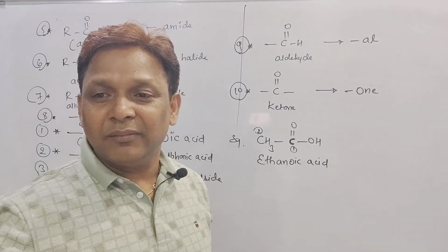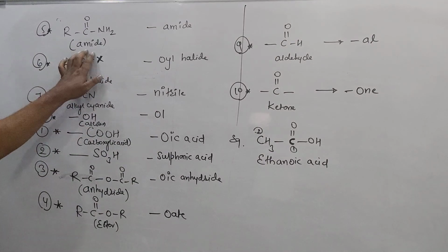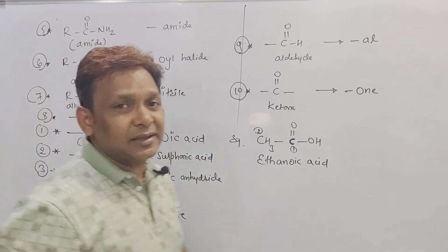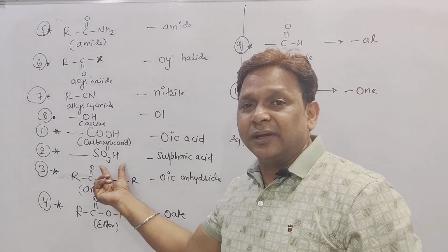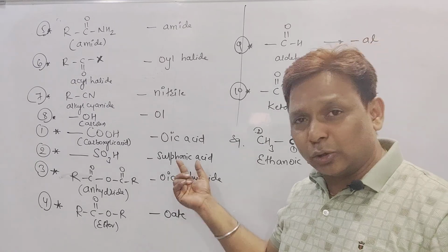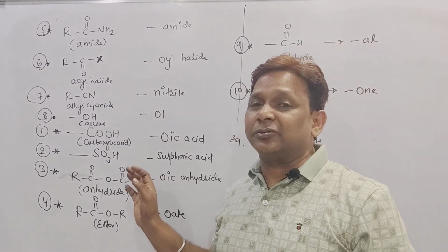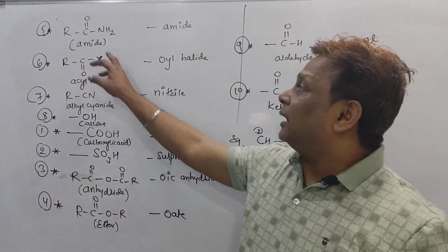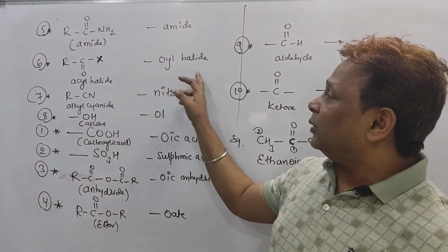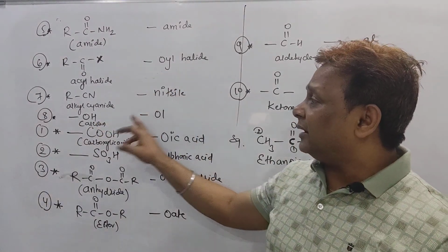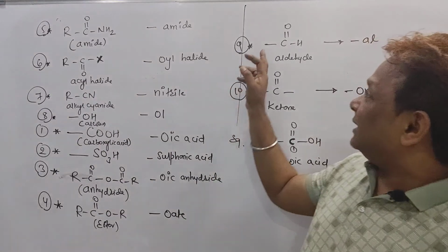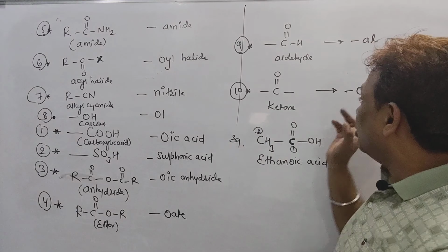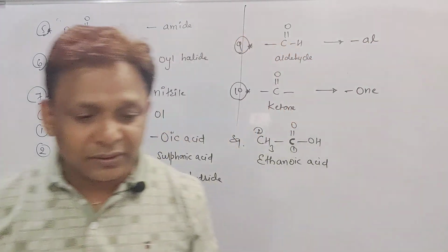Based on these, if it is COOH, your secondary suffix should be "oic acid". If it is SO3H, "sulfonic acid". Anhydride, "oic anhydride"; ester, "oate"; amide, "amide"; acyl halide, "oyl halide"; alkyl cyanide, "nitrile"; alcohol, "ol"; aldehyde, "al"; and ketone, "one". We have to use it, right? Definitely this will help us to write the IUPAC name.